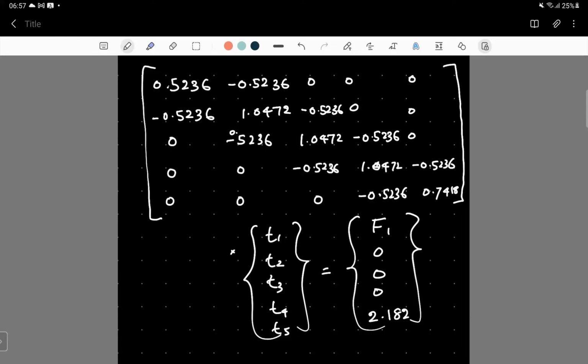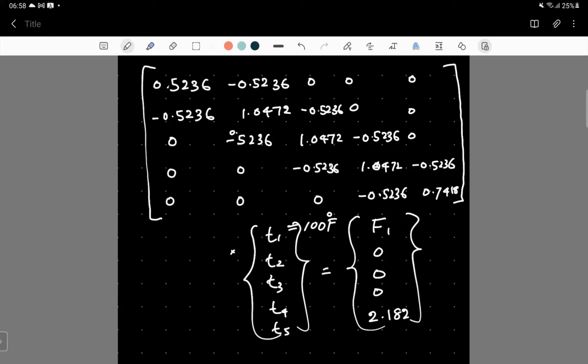So we have a known nodal temperature boundary condition at T1. We know T1 is 100 degrees Fahrenheit. All the other nodal temperatures are unknown.